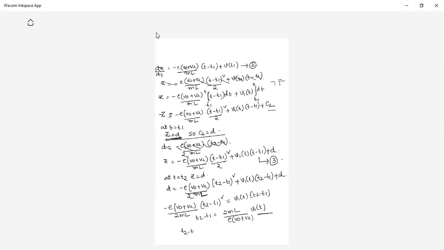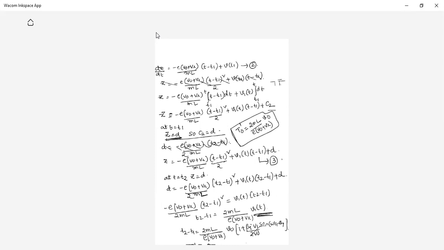So T2 minus T1 is equal to 2 ml E into V naught plus VR into V1 of T. Initially we have taken the expression V naught into 1 plus beta I V1 by 2 V naught sine omega T1 minus theta G. So the round trip time T naught dash can be written as 2 ml E into V naught plus VR into small v naught, by making this term maximum. I think it is not visible to you.